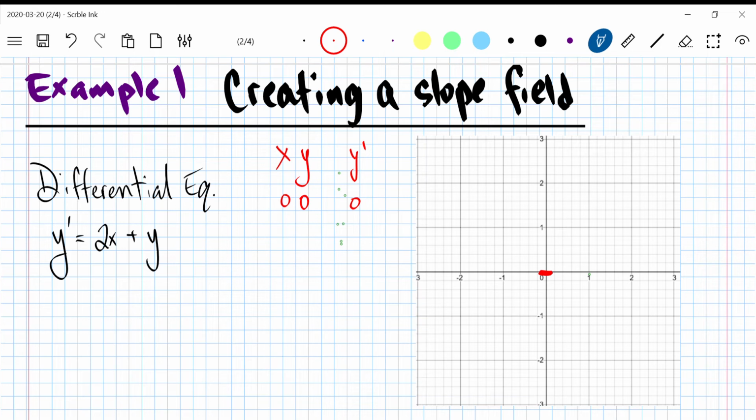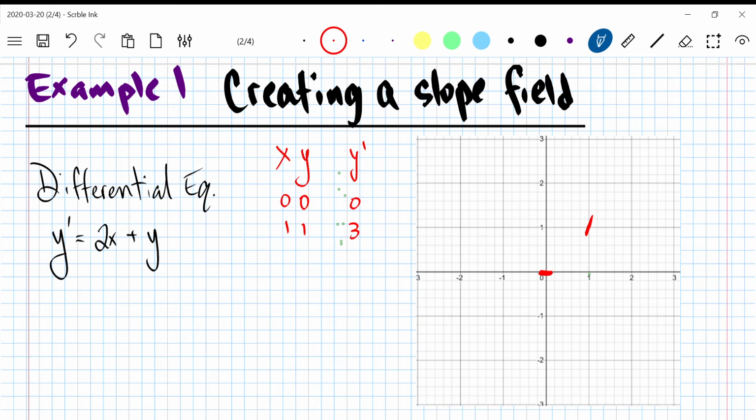And then you keep doing that. Traditionally you pick integer values. If you wanted a really accurate slope field, you could pick quarter points, half points, whatever you want, but we're just going to go with integer values. So I'll go with 1, 1 next. 2 times 1 would be 2, plus 1 would be 3. So my slope at the point 1, 1 would be 3, which is a decently steep line.